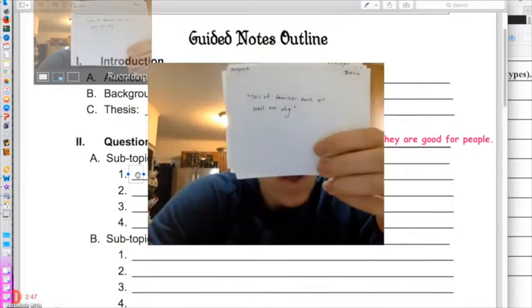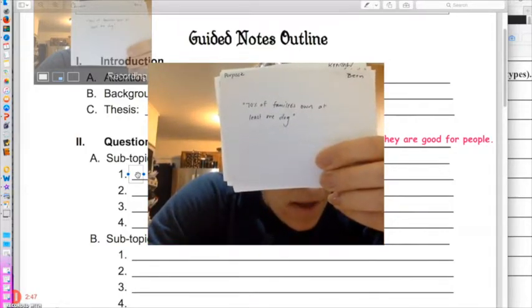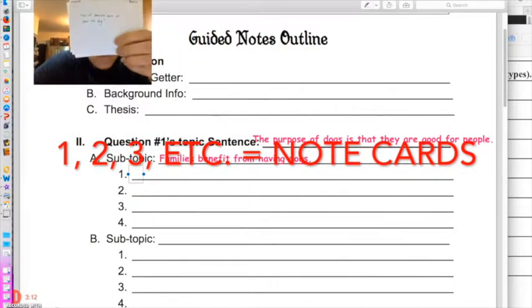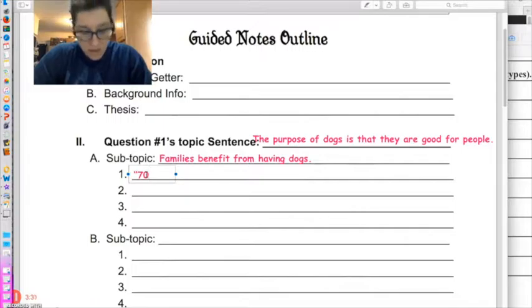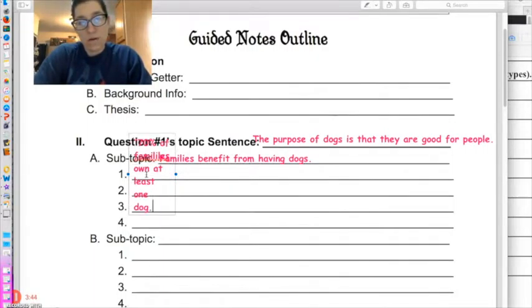So when I go to type this in, it's going to look like this. And it was a quote, so I want to make sure I continue to quote it. 70% of families own at least one dog.